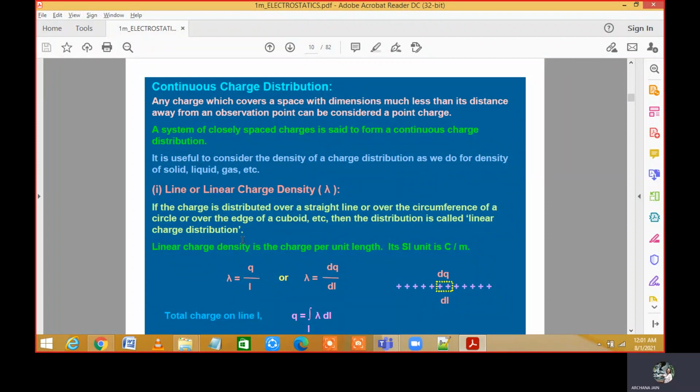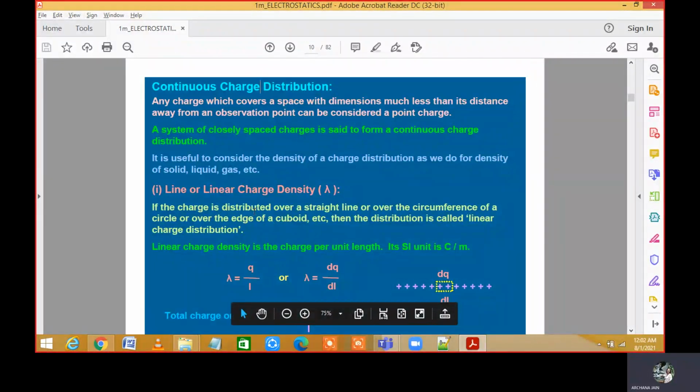Line charge. Line charge means let us consider a charge in the form of a line. There is any line, any wire, the charge on that wire is Q and the length of that wire is L. Now see this.